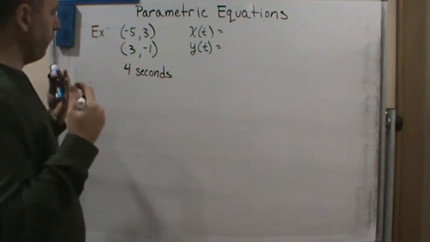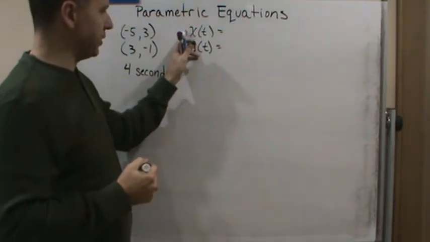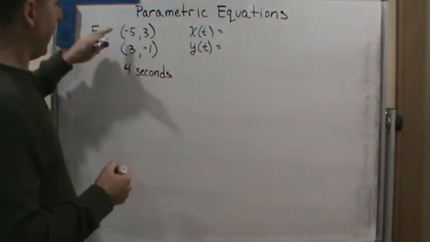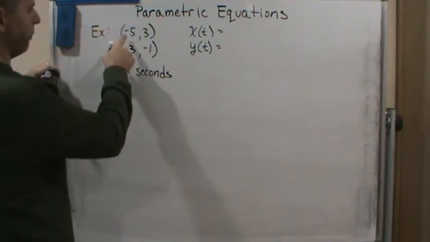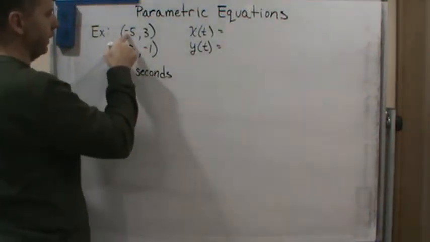The first thing we want to know is what distance it's traveling in the x direction and what distance it's traveling in the y direction. So in the x direction, it's traveling from -5 meters to 3 meters. So its total distance is what?